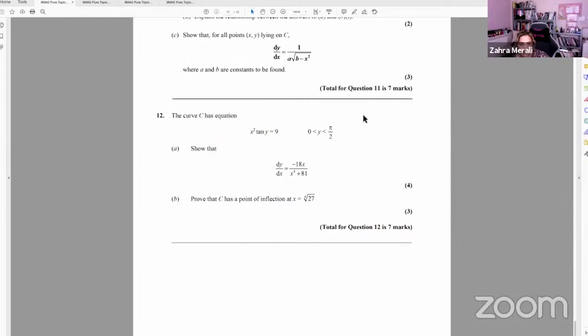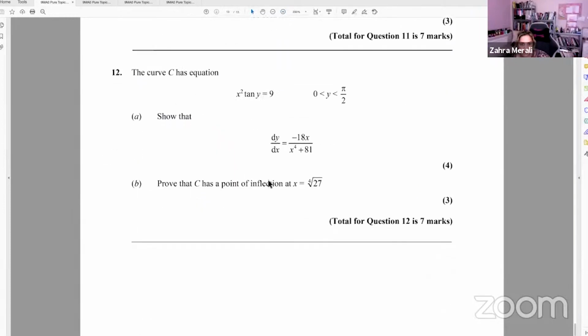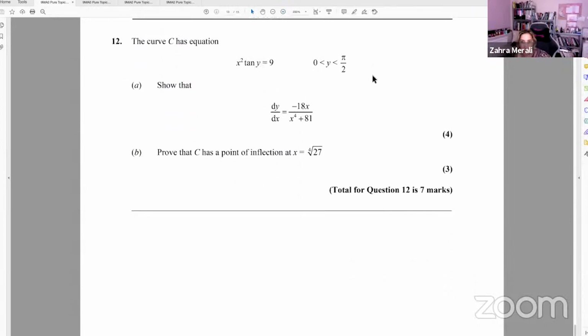Okay, so we have x squared tan y equals 9. Show that. Okay, so we've got another one with trig. This is actually implicit, but also the product rule. So what do we have here?